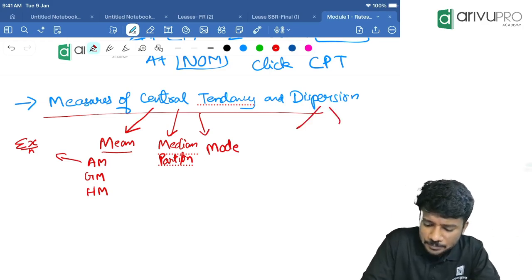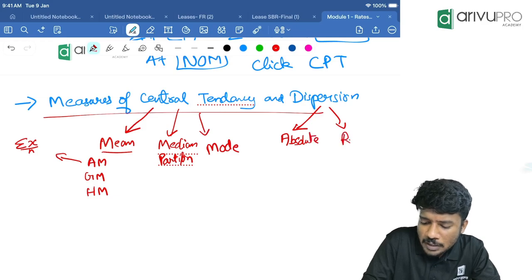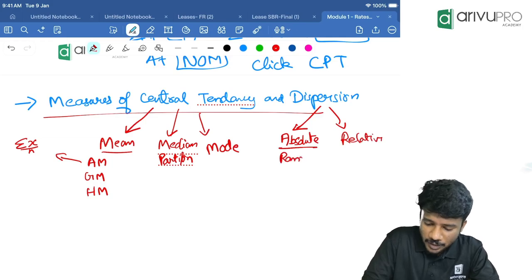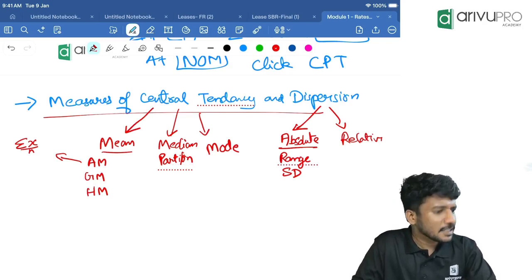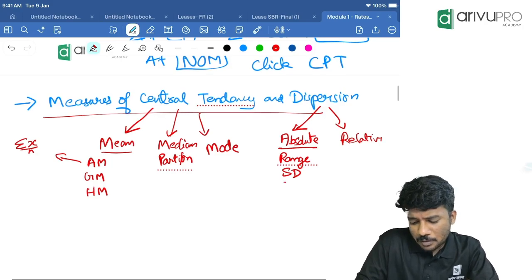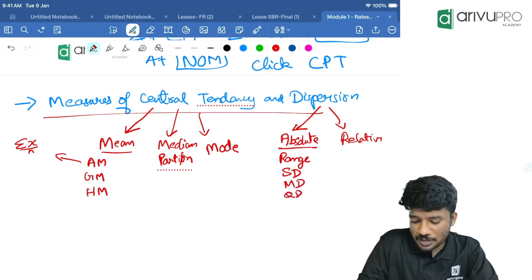Then dispersion. Dispersion means there are absolute measures of dispersion, and what? Relative measures of dispersion. Absolute measures are nothing but range, then standard deviation. Square of standard deviation is what? Variance. Have you studied in school? Then what is there? Standard deviation, mean deviation, then quartile deviation. Basically we will go with standard deviation.